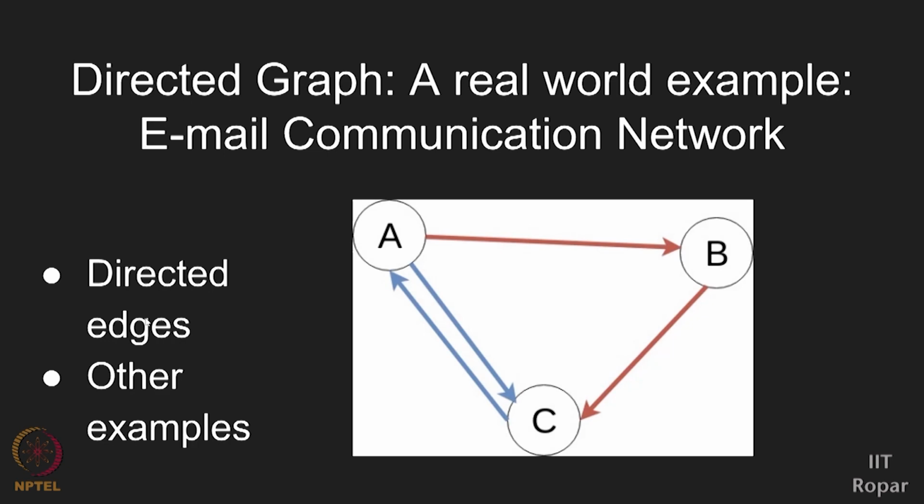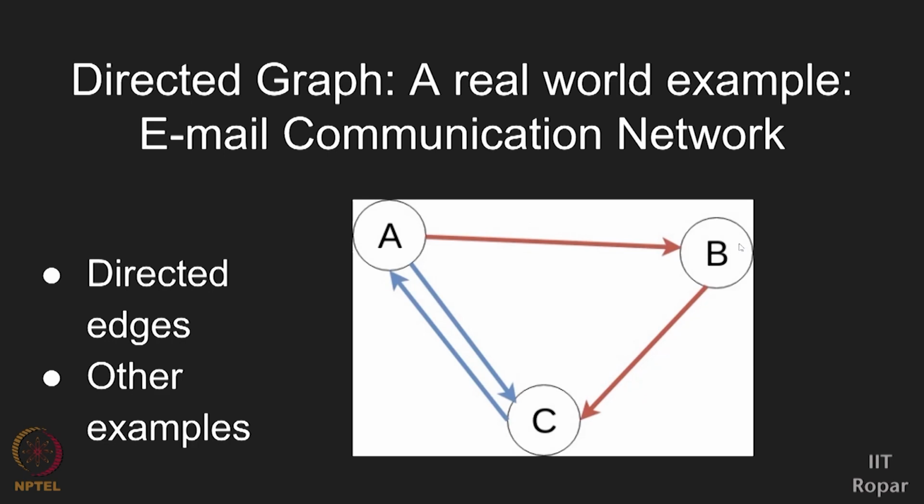This is from academia. Another example is a social network, just like Facebook, something involving people. You can have people as nodes, and if person A likes person B, there is a directed edge from A to B. So this person has expressed a liking for that person.